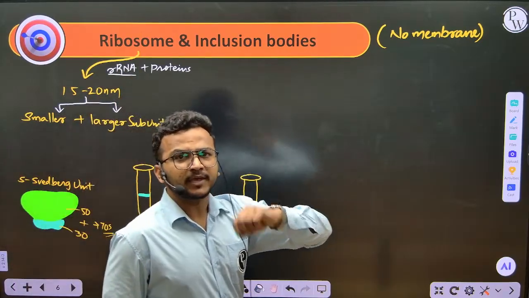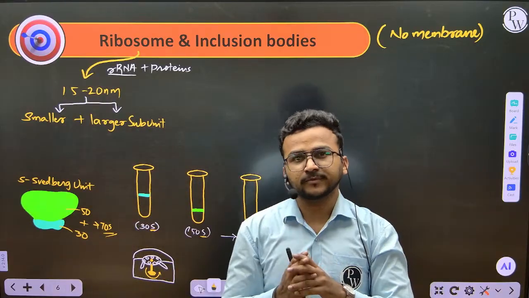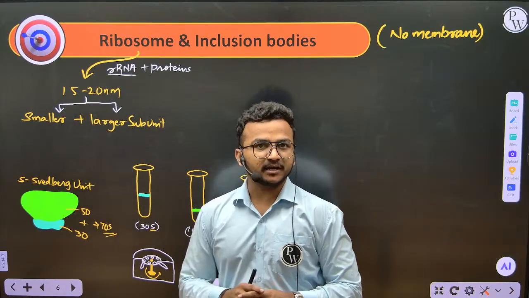If you see in a eukaryotic cell, and I take a part of the cell, ribosomes will be there, made up of a smaller subunit and a larger subunit.